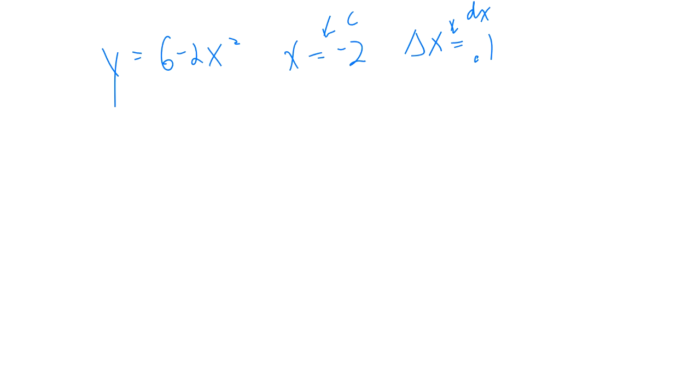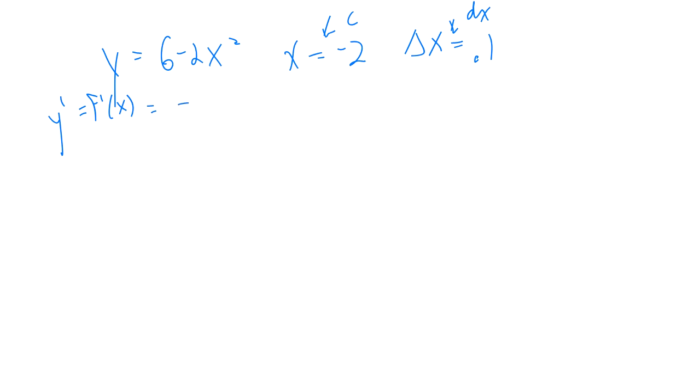Okay, so here's our function. This is what you'll be given. And x is -2, that's our c. And delta x is 0.1, that's given to you. That's our dx. I'm going to need my derivative, y prime, which is my f prime of x, and that's going to be -4x.